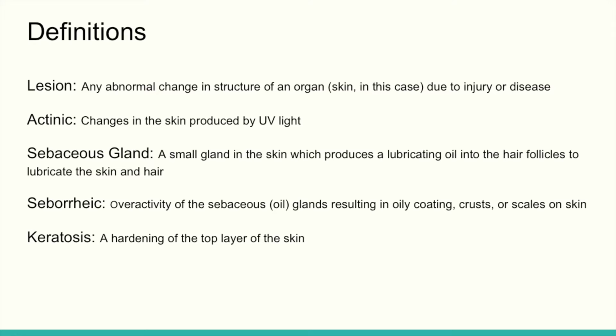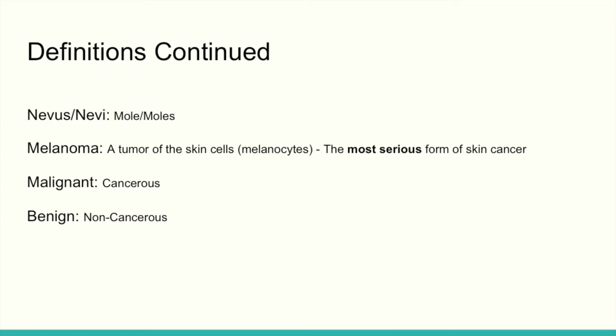Actinic means changes to the skin that are produced by UV light or UV radiation. A sebaceous gland is a small gland in the skin that produces a lubricating oil. You have a lot of them in your hair and underneath your arms. Seborrheic is an overactivity of a sebaceous gland, and you can get crusting and oily scales on your skin. And keratosis is a condition where you have hardening of the top layer of your skin.